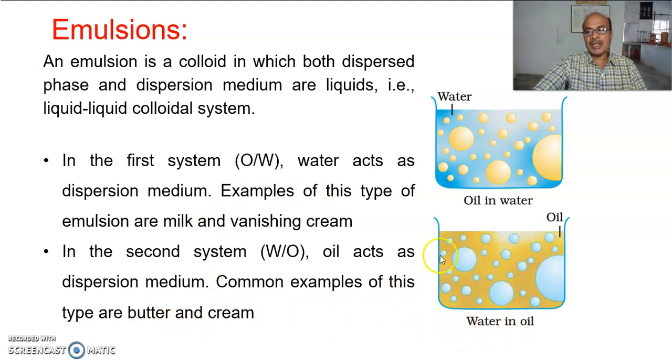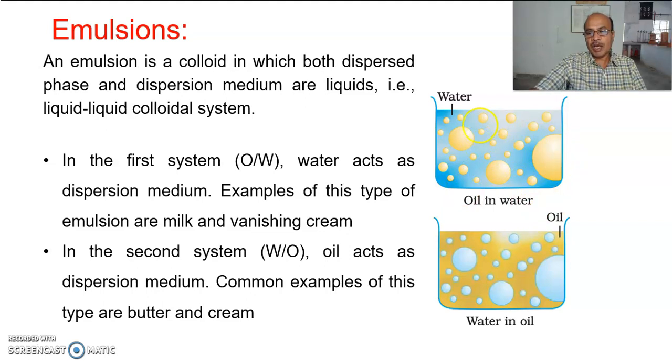Now you must know how we identify whether the emulsion given is oil in water type or water in oil type. It can be identified that if the dispersion medium is added to the emulsion, there will not be formation of any separate layer. That means the emulsion can be diluted with any amount of the dispersion medium, so that no separate layer is formed.